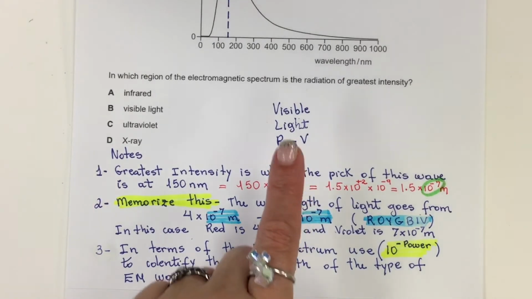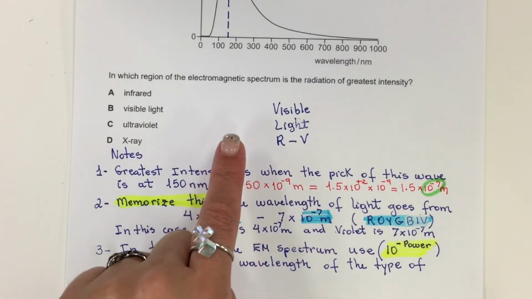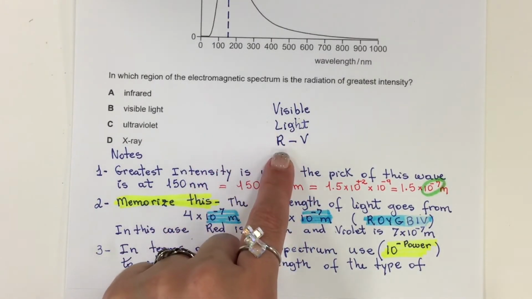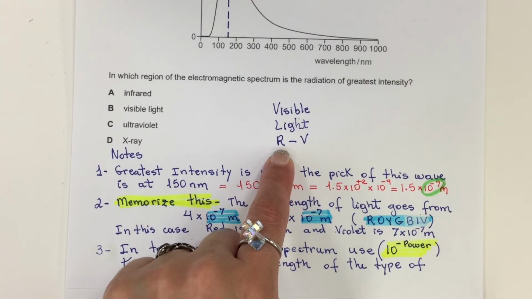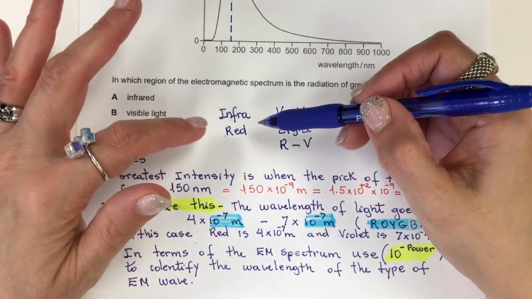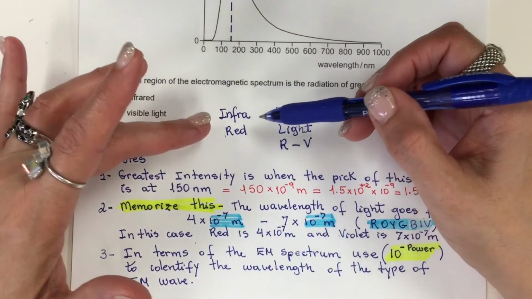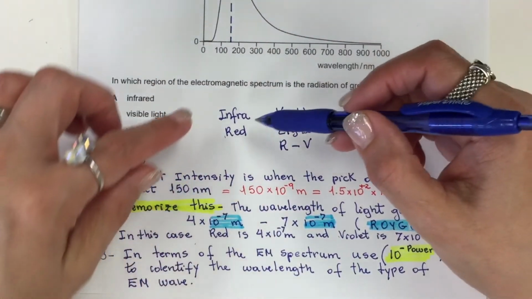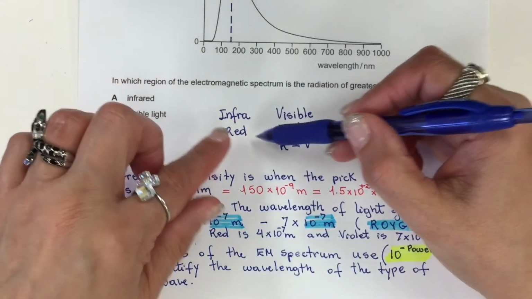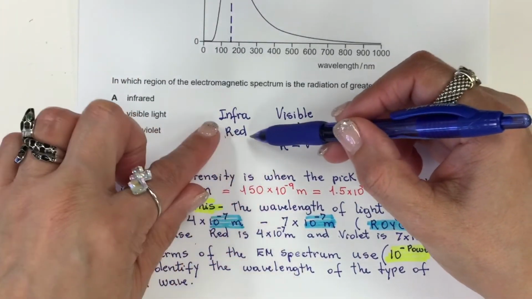The type of wave that goes before the visible light is infrared. Infra is a prefix that means below, so this region here, infrared, is below red.